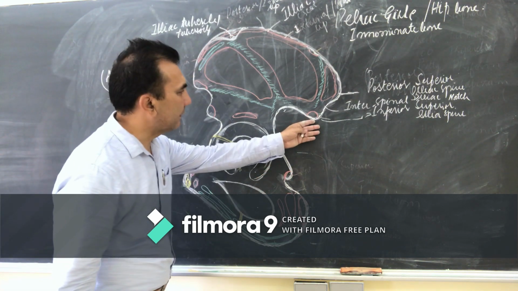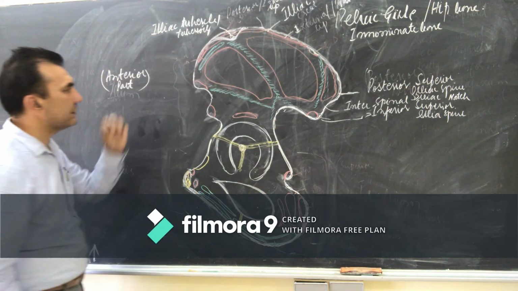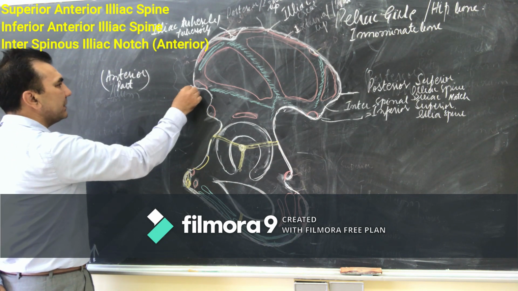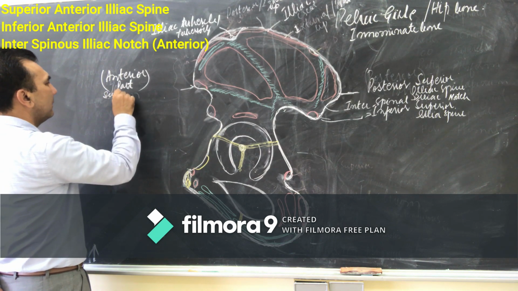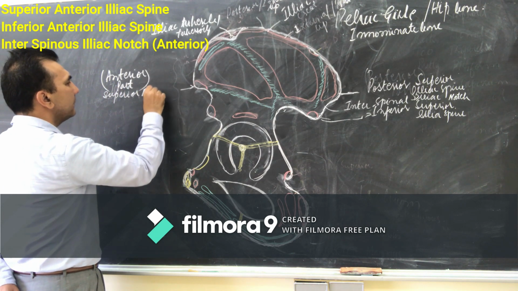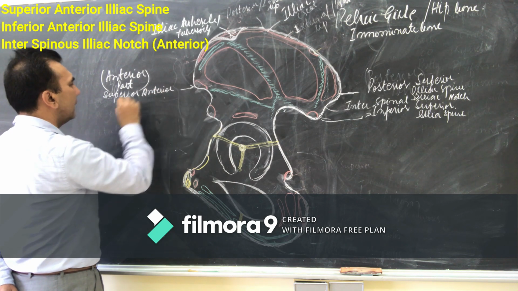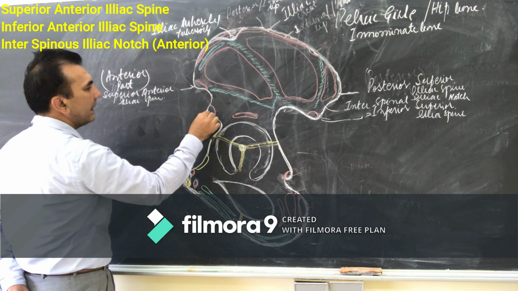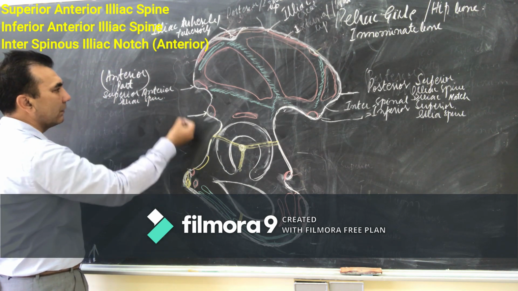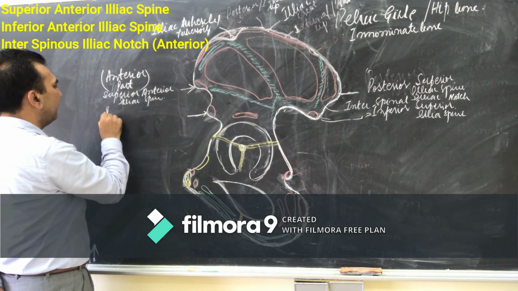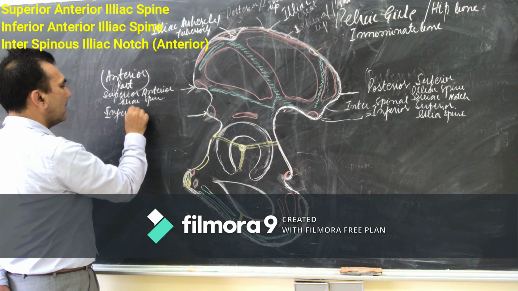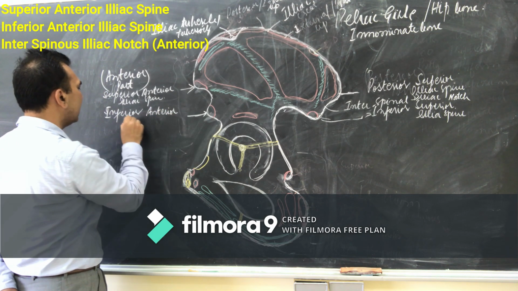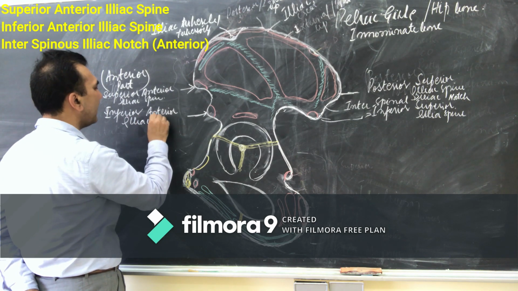The same on the anterior side: again there are two spines here. This spine is called the anterior superior iliac spine, and the lower one is called the anterior inferior iliac spine.